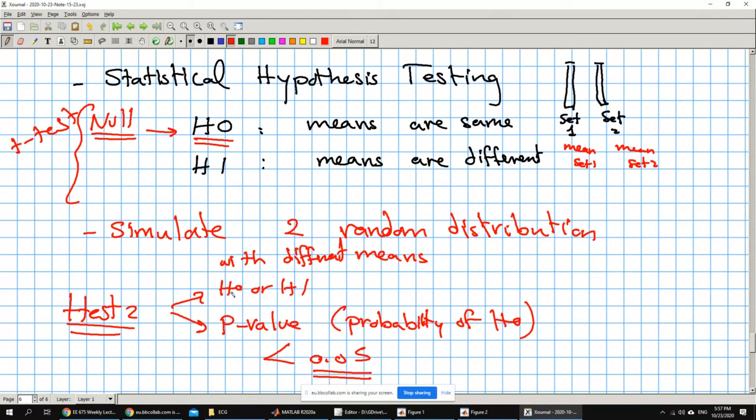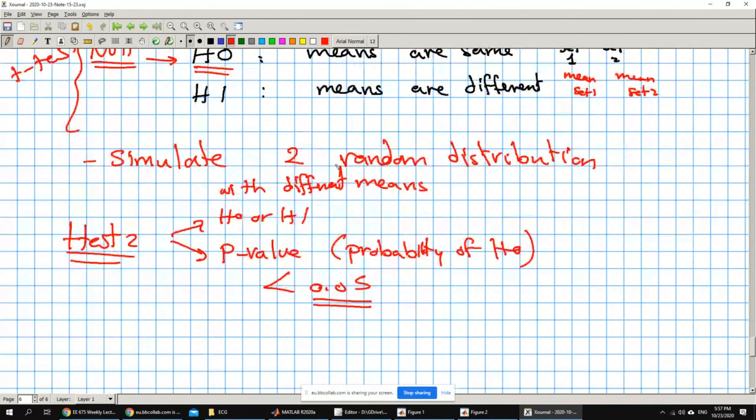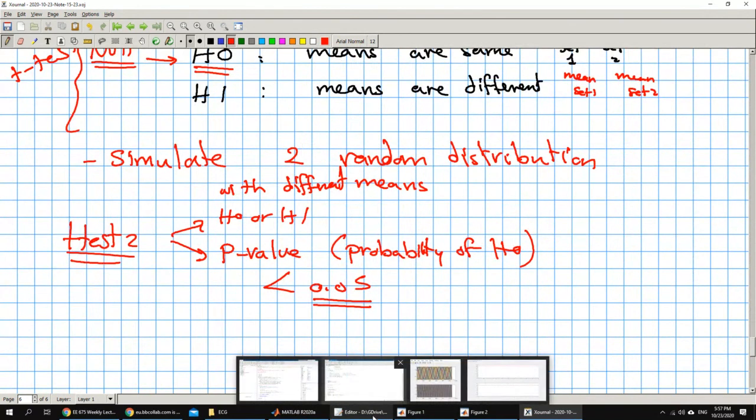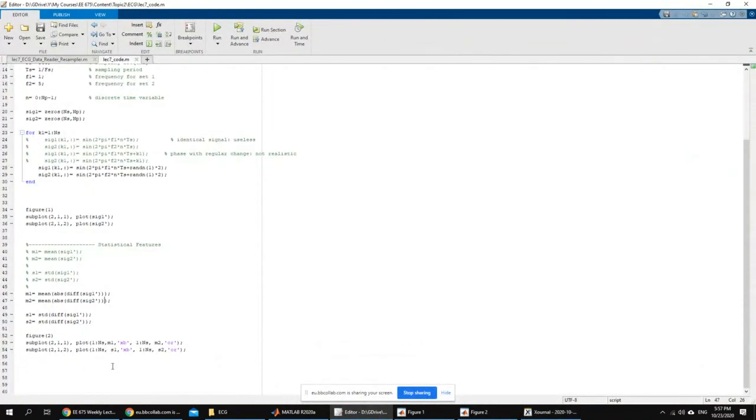Okay, so let's try to simulate that and see what happens. In order to simulate two random distributions, I'm going to use exactly the same randn function that I used before. But instead of simulating just one sample, I'm going to simulate a set of samples.